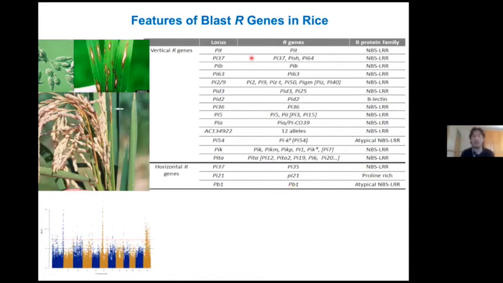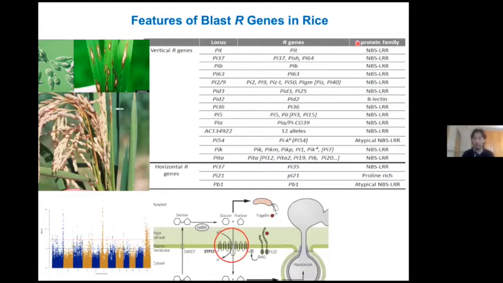What I want to say here is that there are many resistance genes used to control this fungus, and most of the genes are NBS-LRR, basically cytoplasmic receptors. And what I want to say actually is that we are also doing some research on resistance based on a starvation mechanism.